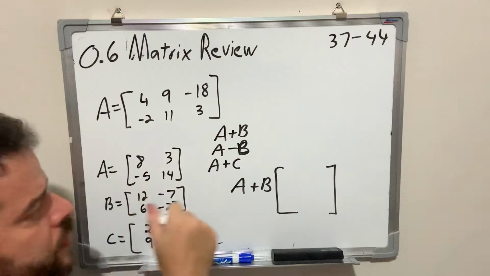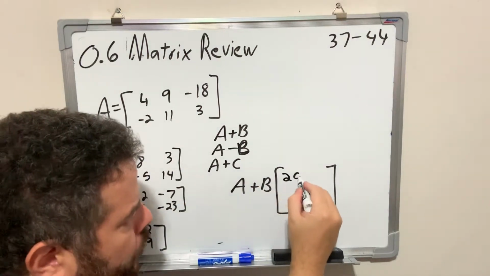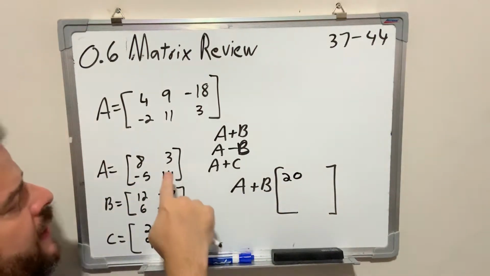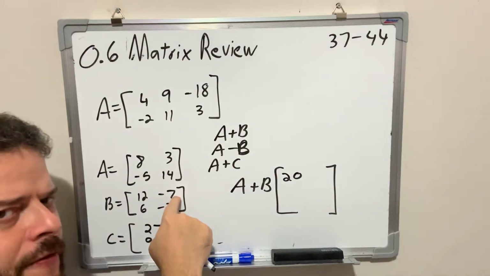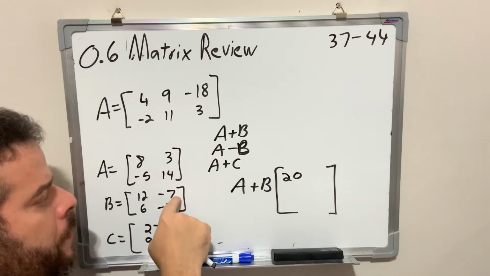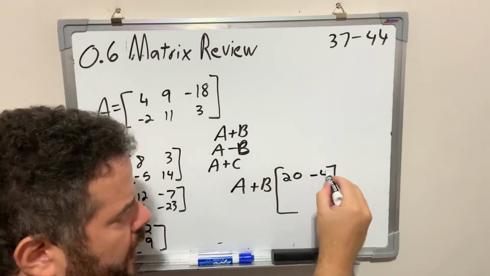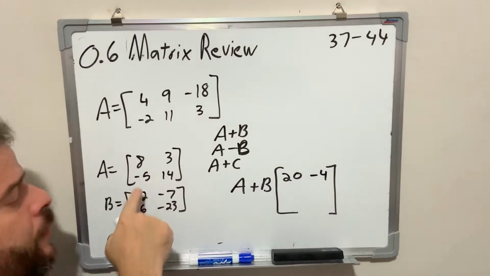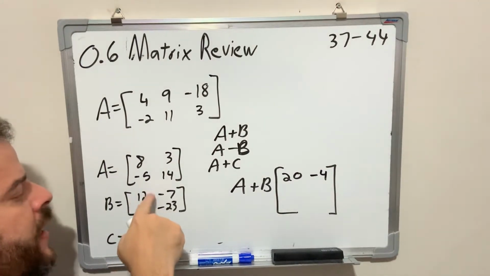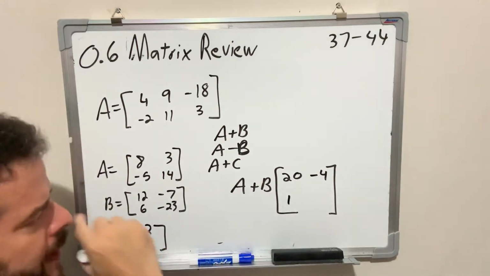So 8 plus 12 is 20. Then I take the second element in the first row here and the second element in the first row here. 3 minus 7, -4. Take the first element in the second row, first element in the second row, -5 plus 6 is +1.